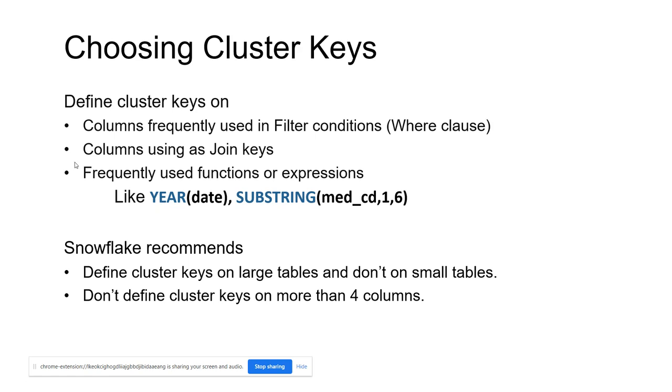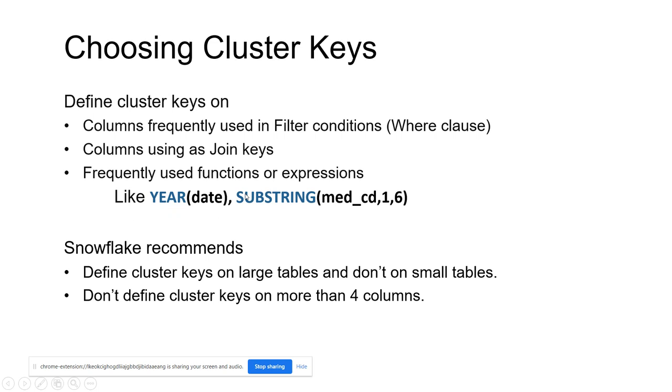And suppose we are using any functions or expressions frequently, for example if I want to calculate the year of some date or a substring of some medical code, Snowflake recommends defining cluster keys on those expressions themselves. Suppose I have a year of date, apply the cluster key on year of date. We'll see an example like this today.